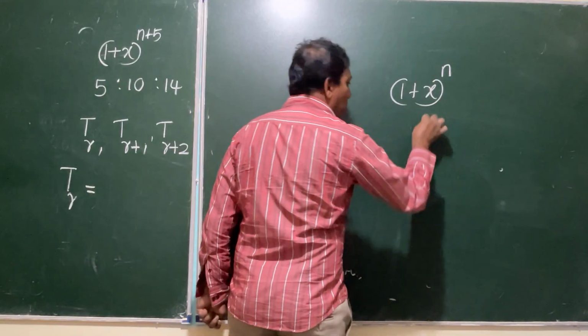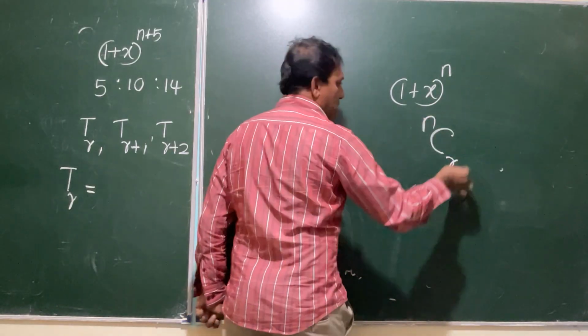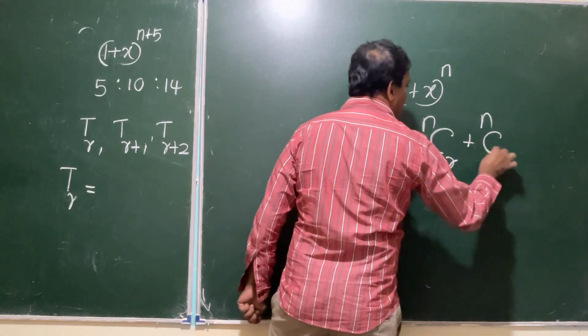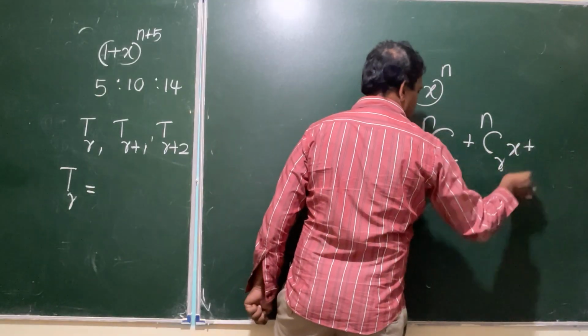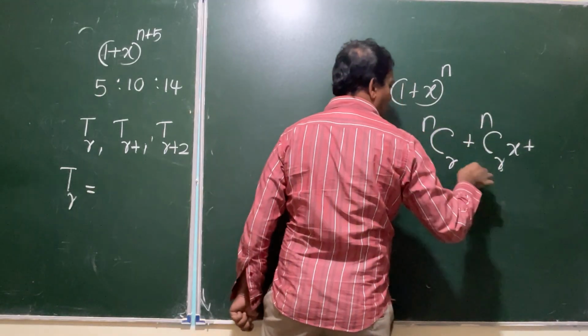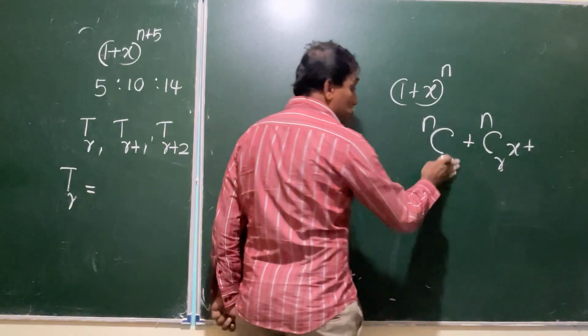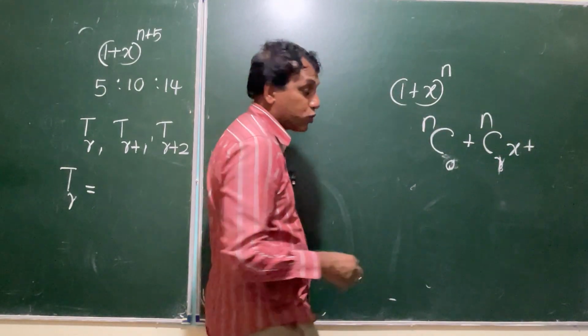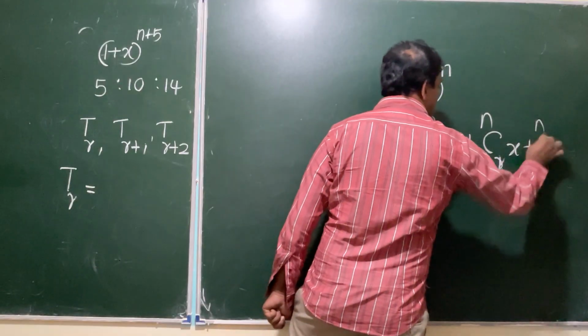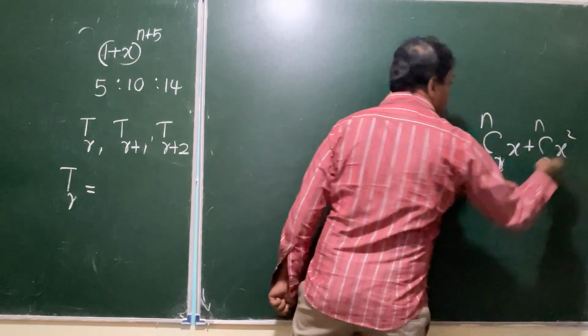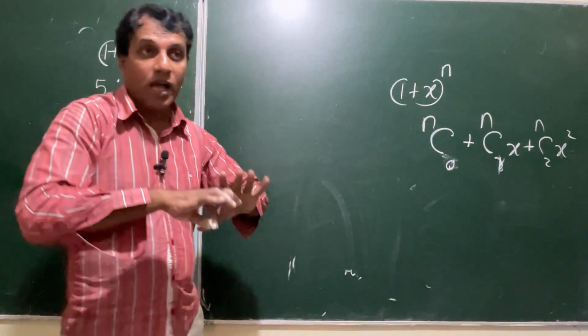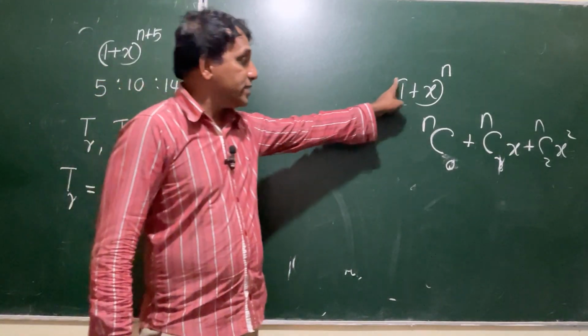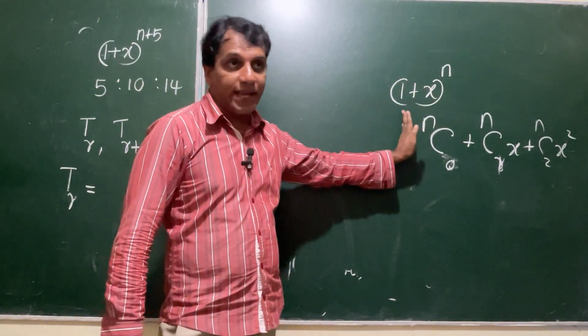The general format is nC0, nC1 x, nC2 x squared, and so on. That is the standard form of the binomial expansion of (1 plus x) to the power n.